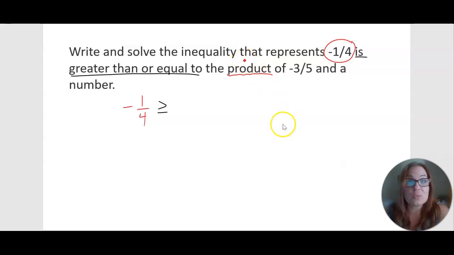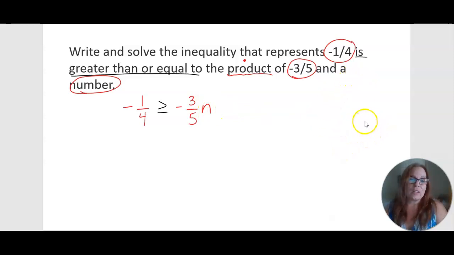So let's see what 2 things I'm multiplying. I am multiplying -3/5 and a number. And let's go with n this time. I haven't used n too much. That could also be an x or a b or an m or whatever variable you choose, right?